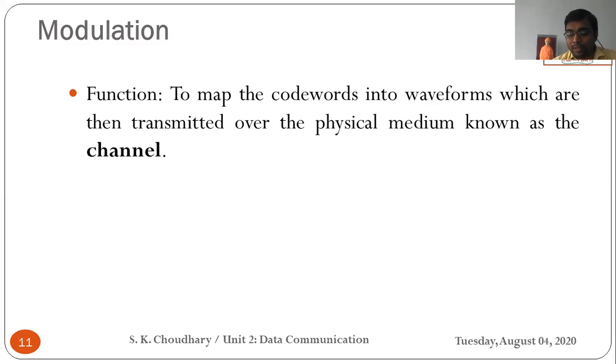So we convert these code words into waveforms, so that the waveform can be transmitted over the channel. We do not transmit the code word directly to the channel. We first convert it into a suitable waveform, and for that purpose we use different modulation techniques. Can anyone tell me any digital modulation technique that you know?